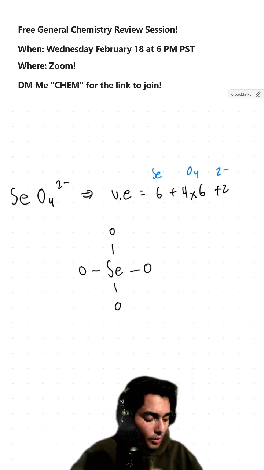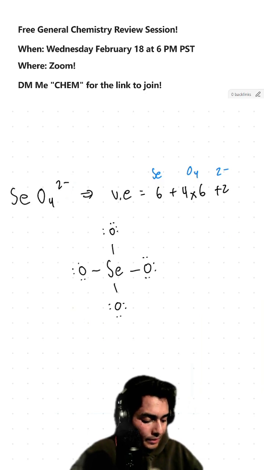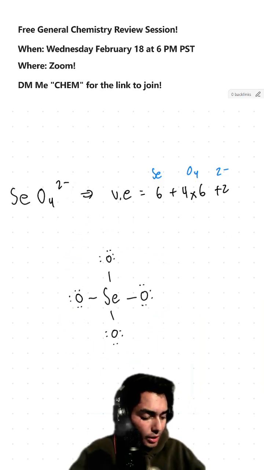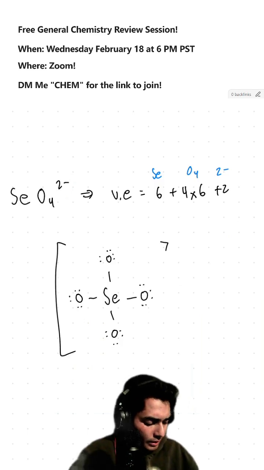So I want to satisfy the octet. I'm going to do the same process as last time and add all my valence electrons here. Similarly, I have another problem, because if I do my dots plus lines, formal charge, each single bond oxygen is going to have a formal charge of -1.